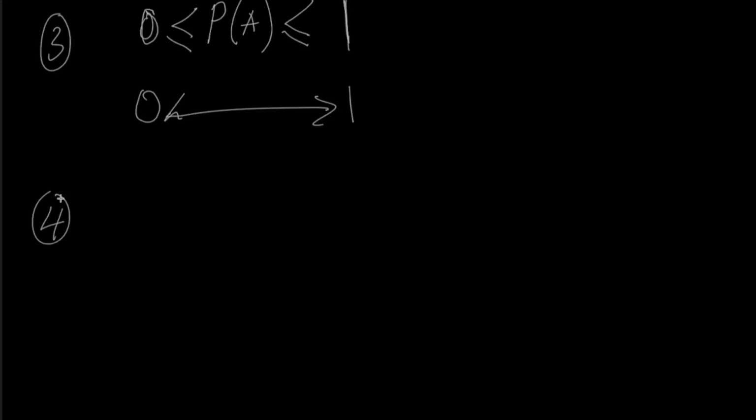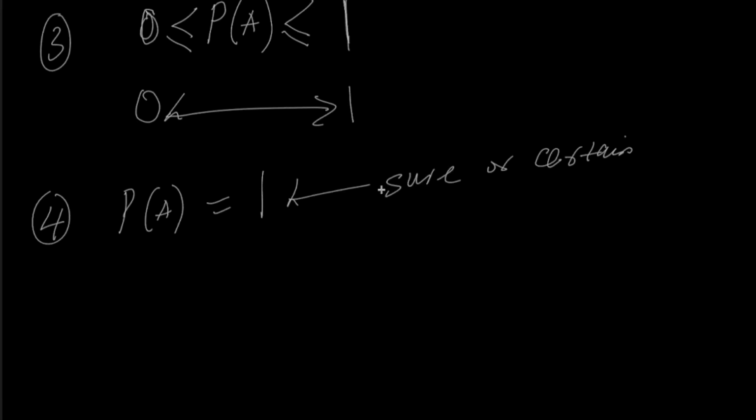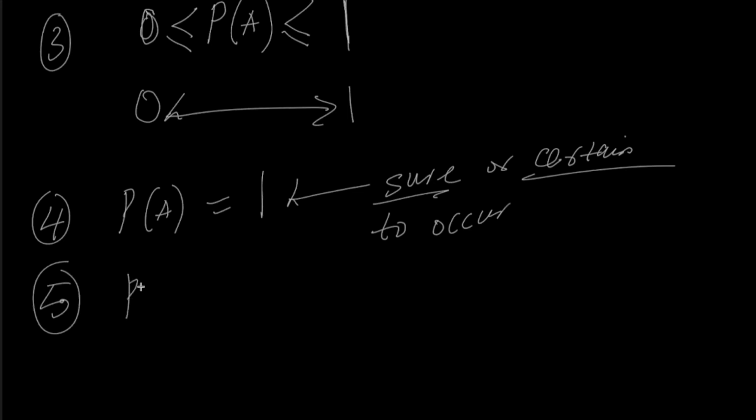4. If the probability of A is equal to 1, that is event A, this is sure to occur. That is, we are 100% sure after this calculation that event A will definitely happen. Nothing will change it. However, if we have 0, it means it is impossible for this event to happen.